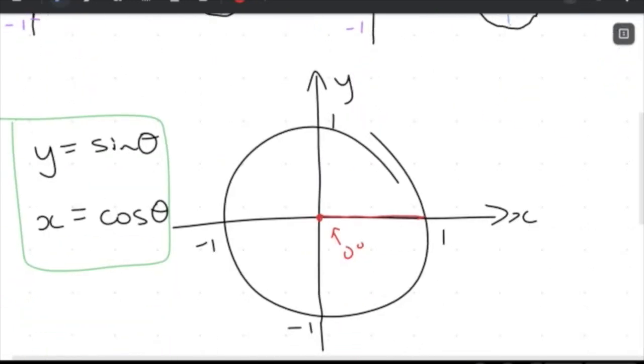Now, hopefully that's all good so far. Just a very initial thing. Now, if we draw, for example, an angle theta, as my angle gets bigger, my sine ratio is going to get bigger because my hypotenuse is always going to be 1.